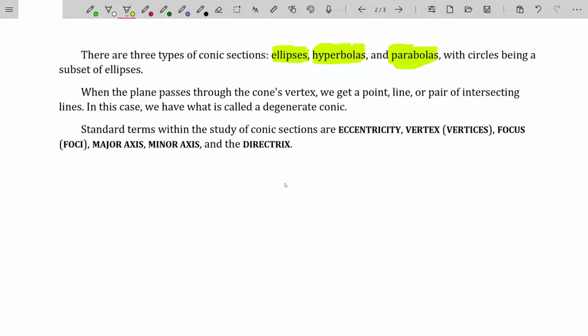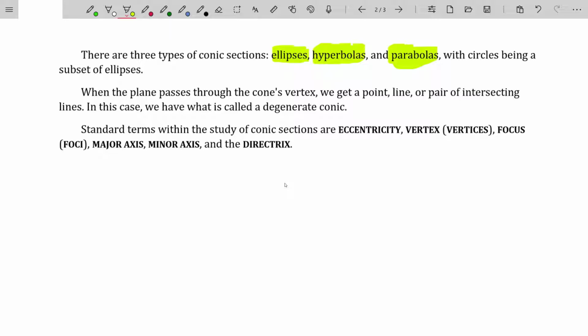Now, I'm about to go on a diatribe about what conic sections are, and I want you to understand that my background in mathematics is both applied and pure, and I have to be very honest with you that conic sections aren't super duper prevalent in lower level mathematics.